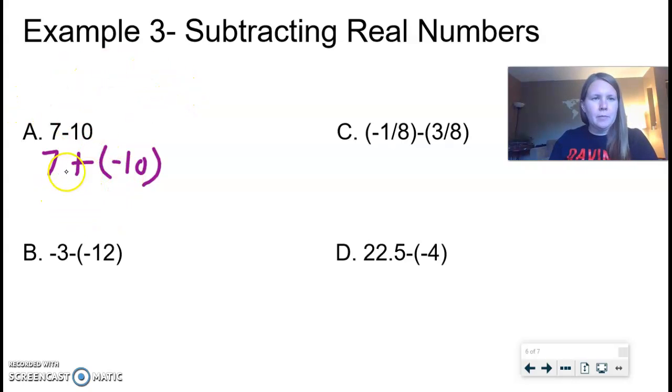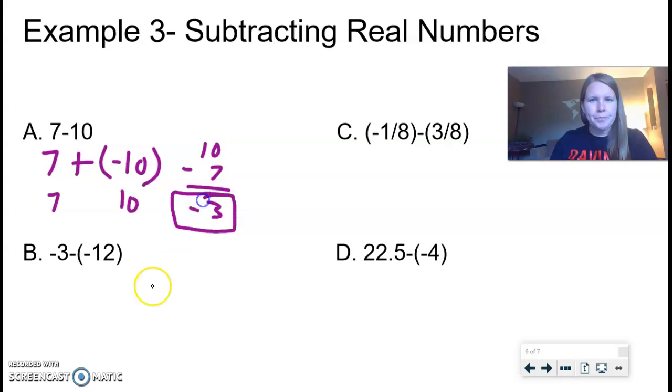In this case, though, when we're adding opposite signs, I think about their absolute values, and then I subtract the two. So I take 10 minus 7, because 10 is larger, I get 3. 10 was the larger absolute value, its original sign was negative, so I have an answer of -3.